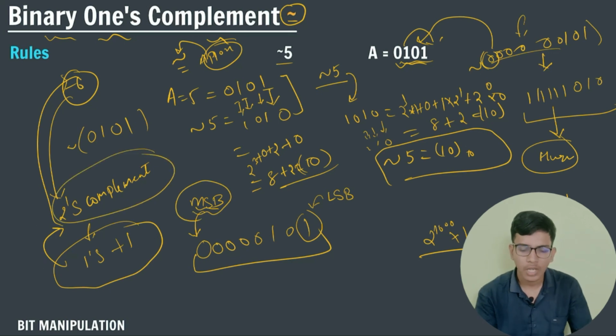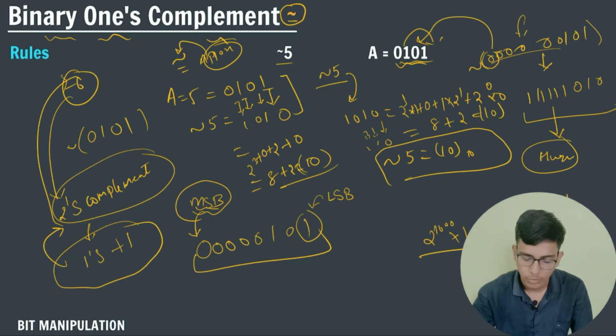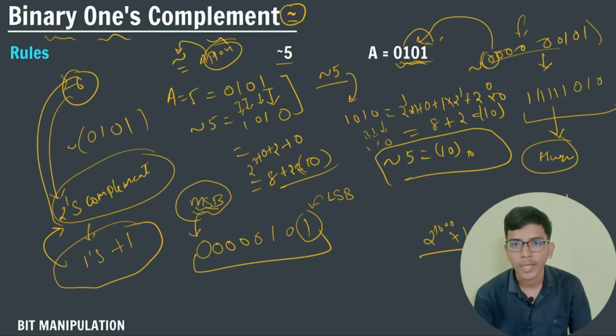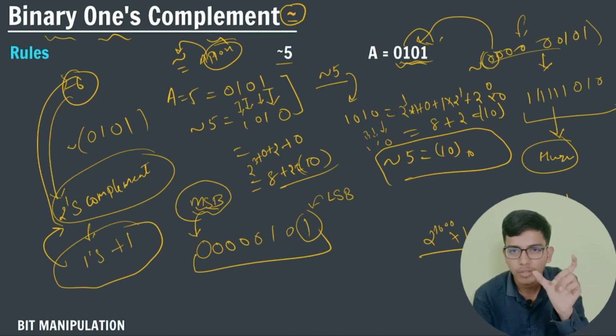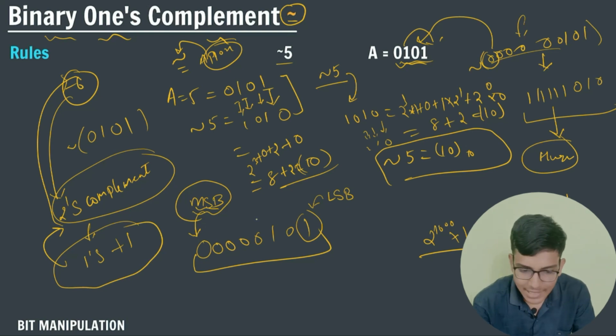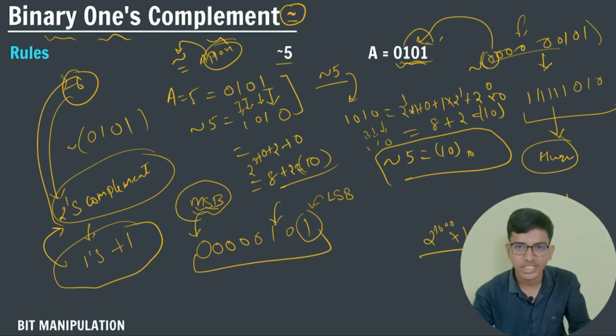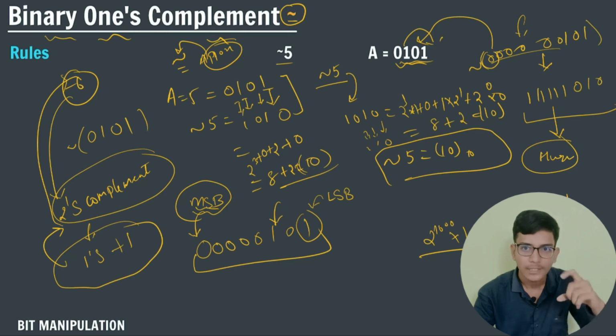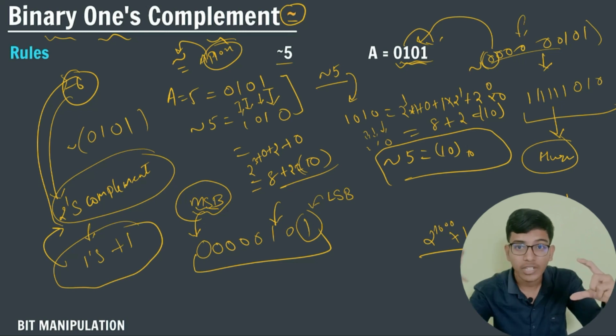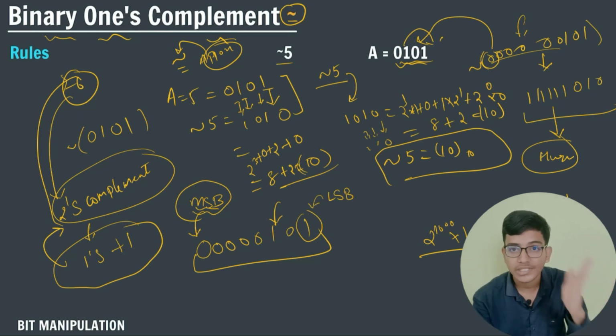So someone, like an interviewer, might ask you: when I do the ones complement of a particular number, it is giving me a negative number. Why? The answer is, first, the most significant bit: there are thousands of zeros in front of a particular number, in front of my set bit. These thousands of zeros will be converted into ones when I do ones complement.